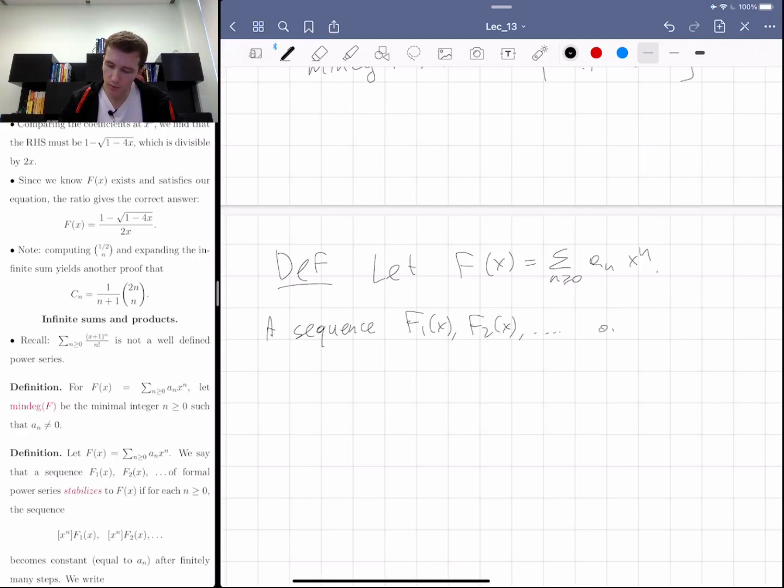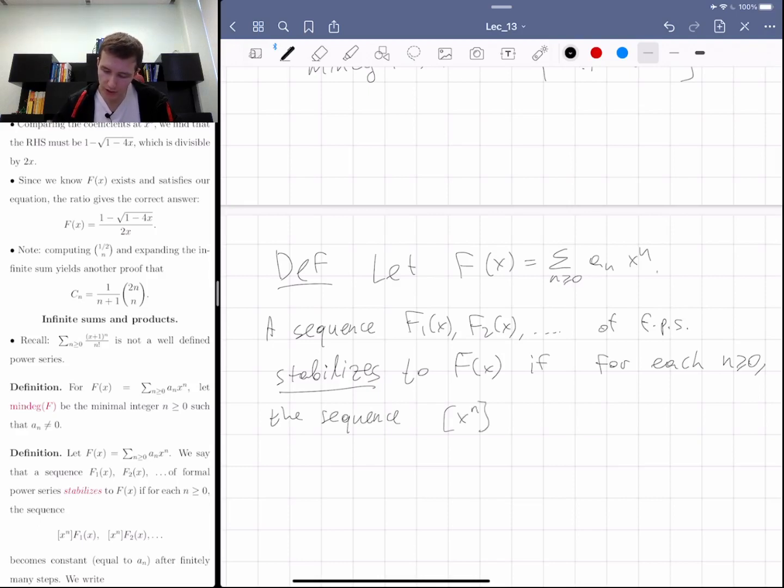Of formal power series. Then I'm going to say that the sequence stabilizes to f of x if, so what I'm going to require is that each individual coefficient for a given degree, so if for each n greater than or equal to 0, the sequence of coefficients, so the coefficient of x^n in f1 of x, the coefficient of x^n in f2 of x, etc., I want this sequence to stabilize.